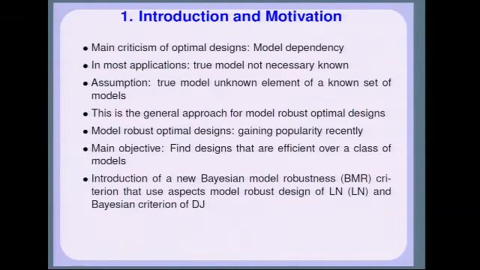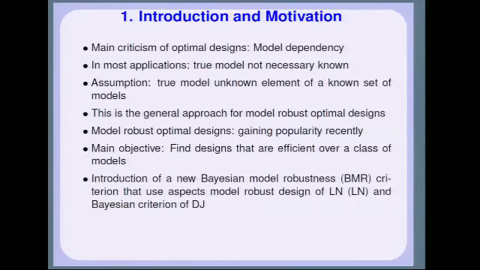The main idea here is about model dependency. In a typical design setting, you have a model and then you have some criteria that fit that model. But in many applications, the true model is not necessarily known. So it can be assumed that the true model is an unknown member of a set of known models.